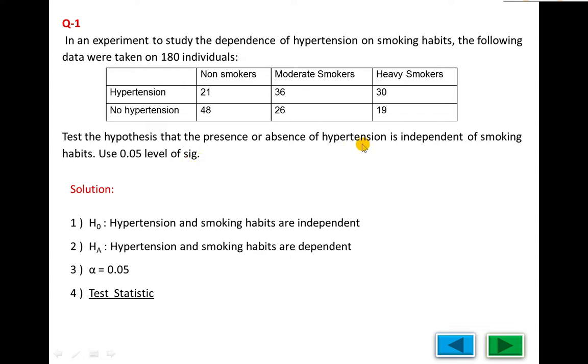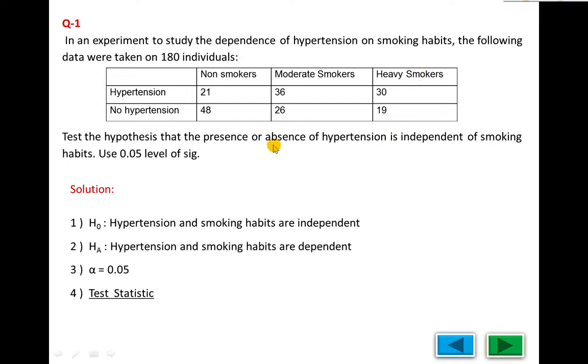Mostly we write the main variables, like hypertension and smoking habit. There are two main variables, and each is a group: hypertension has presence or absence, no hypertension. You can also write the subgroups, but in this category you have only two groups, maybe 3, 4, 5. In this maybe also 3, 4, 5.